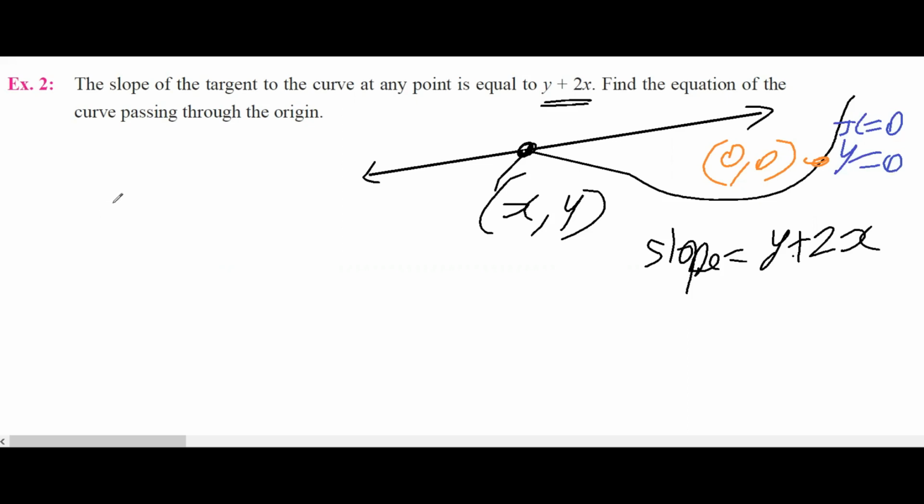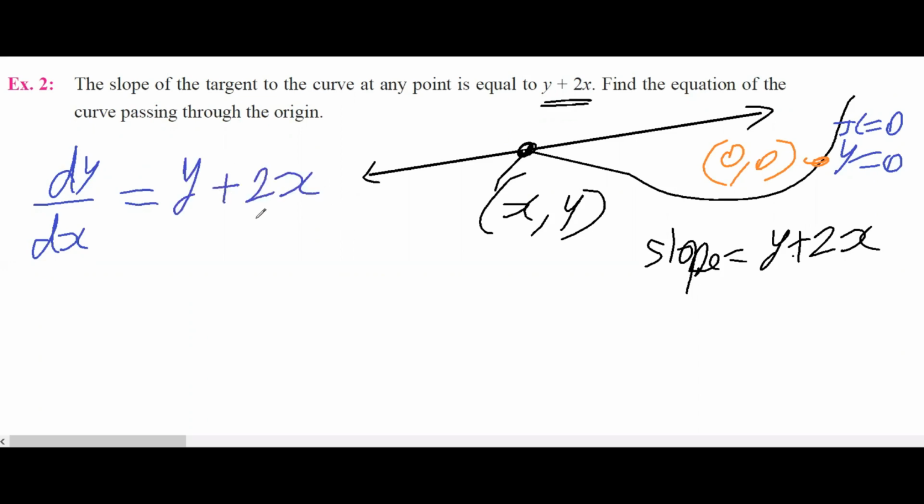Okay, so how do we find the slope? We find the slope by differentiating this particular curve. So if I have a point, say (x, y), I am going to differentiate this particular curve at (x, y) to get the value of the slope. So dy by dx is already given to me, that is y plus 2x.